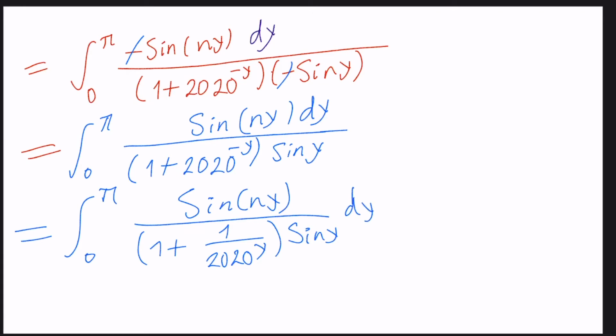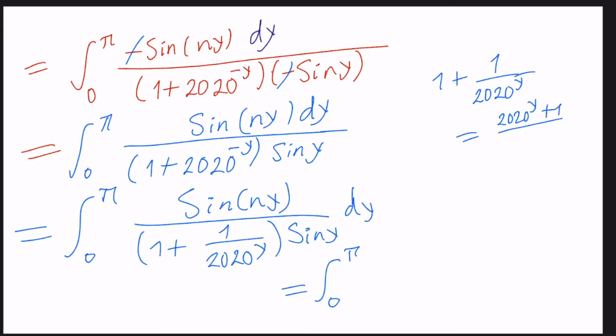Again, we will just make some algebra, so I will perform it here quickly. So 1 plus 2020^y is equal to 2020^y plus 1, divided by 2020^y.